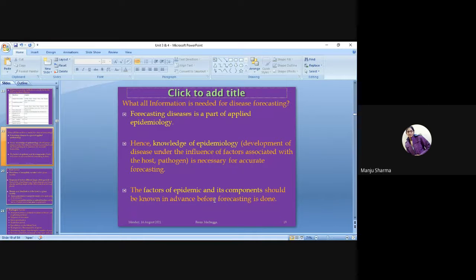So, what information is needed for disease forecasting? Forecasting disease is a part of applied epidemiology.